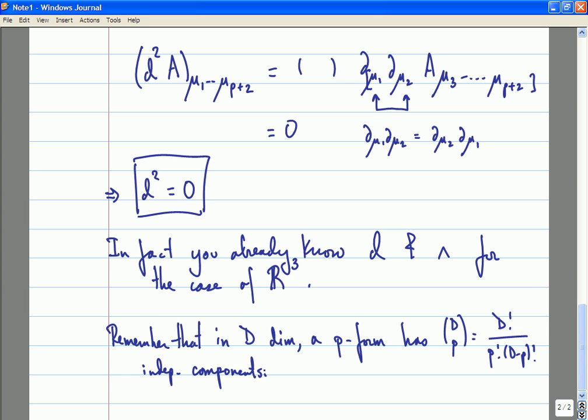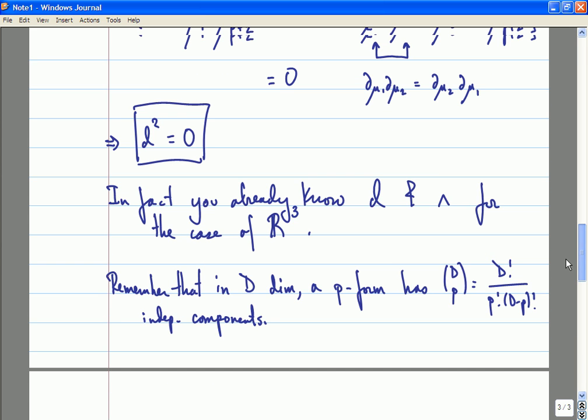Because you have d choices for the first index, d minus 1 for the second index, and so on and so forth. And that's all captured by this binomial coefficient, d choose p.